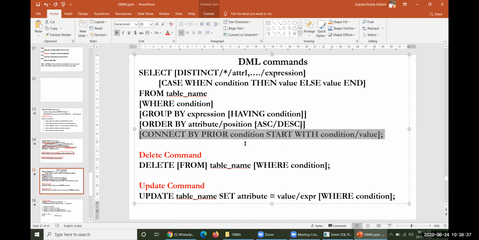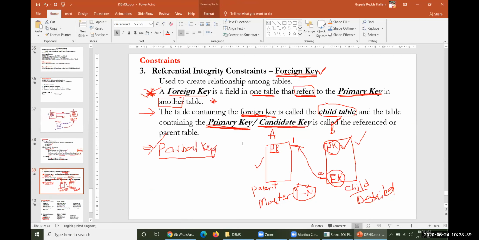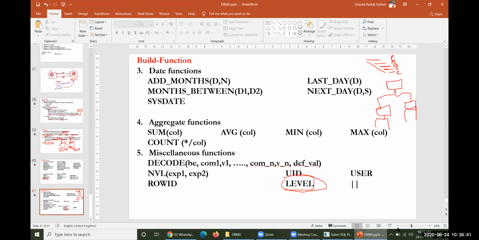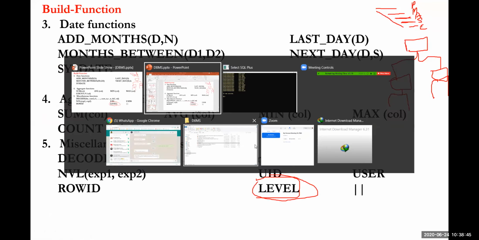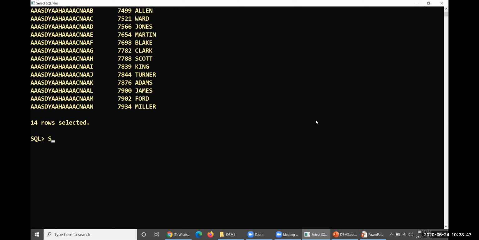How does this get operated? Let us see about this within the level. Select LPAD, because I'd like to produce some space here, some 2 spaces or 3 spaces.